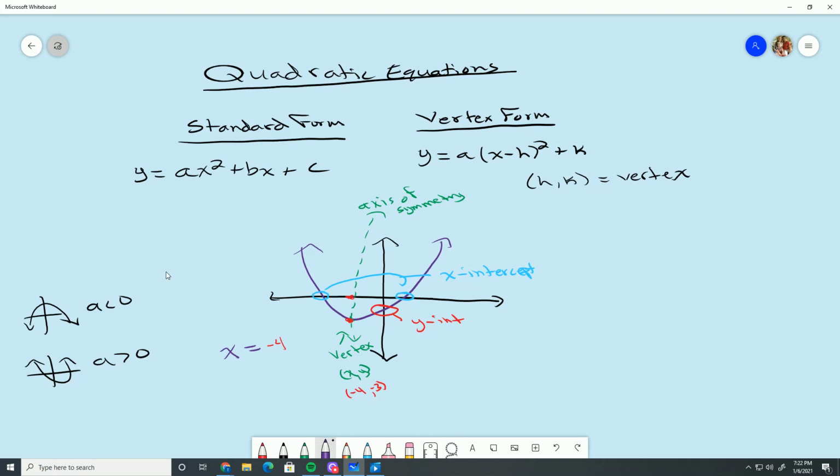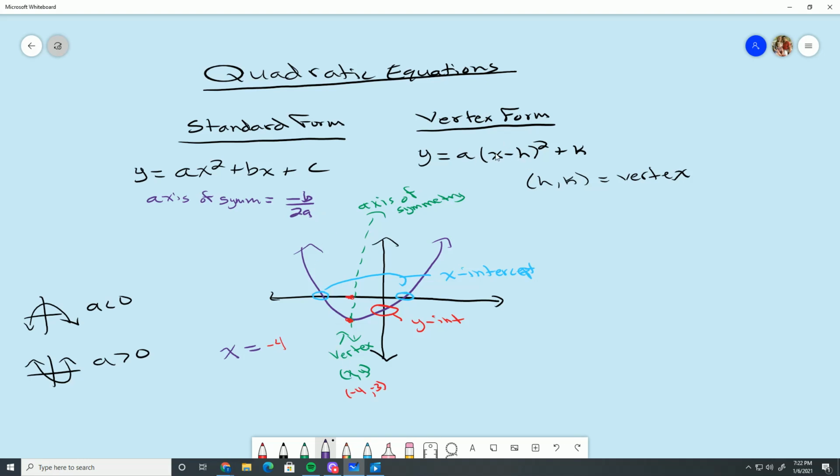Well, it turns out there's an equation for the axis of symmetry. So the axis of symmetry equals negative b over 2a. Whatever you find right there, negative b over 2a, that's also going to give you the x coordinate of the vertex.